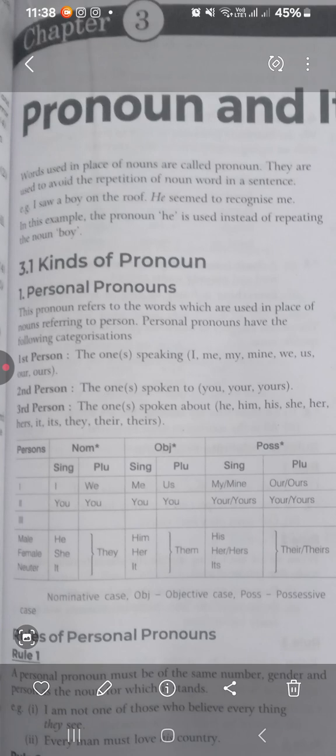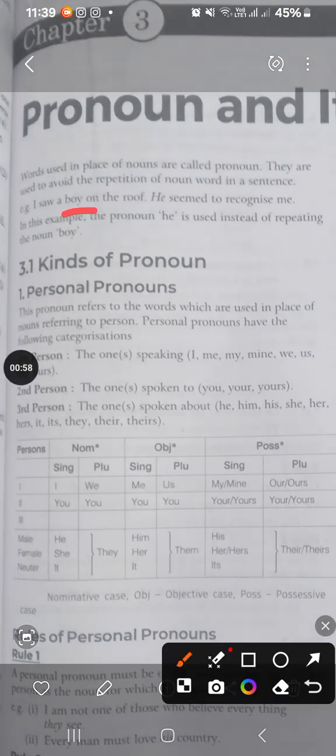I saw a boy on the roof. He seemed to recognize me. So, I saw a boy. For a boy, we are using he.